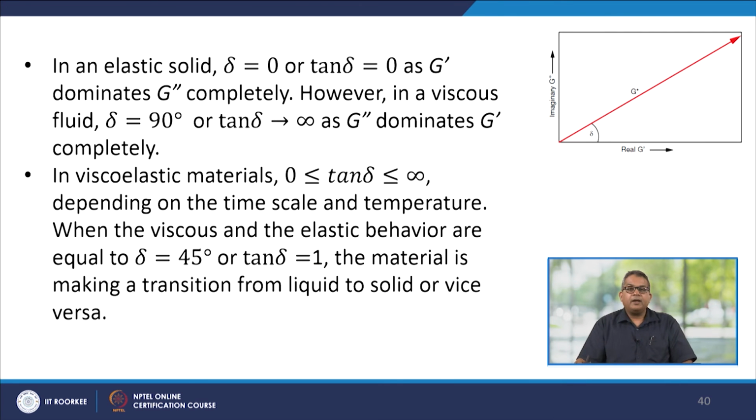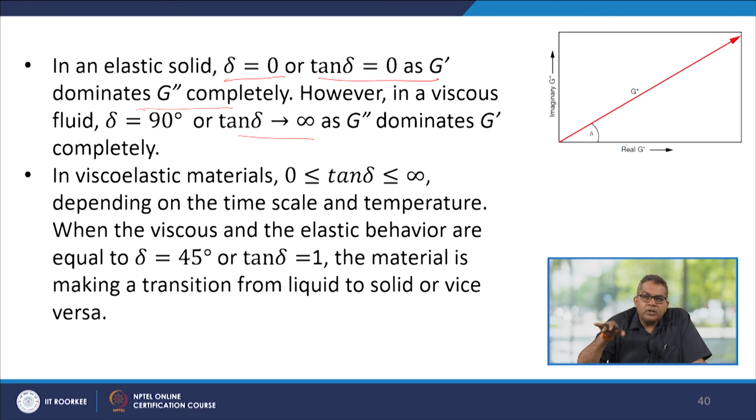Now, in an elastic solid, delta is equal to 0 and tan delta is equal to 0, and G prime dominates G double prime completely. However, in a viscous fluid, delta is equal to 90 degrees and tan delta tends to infinity, and thus G double prime dominates G prime completely.